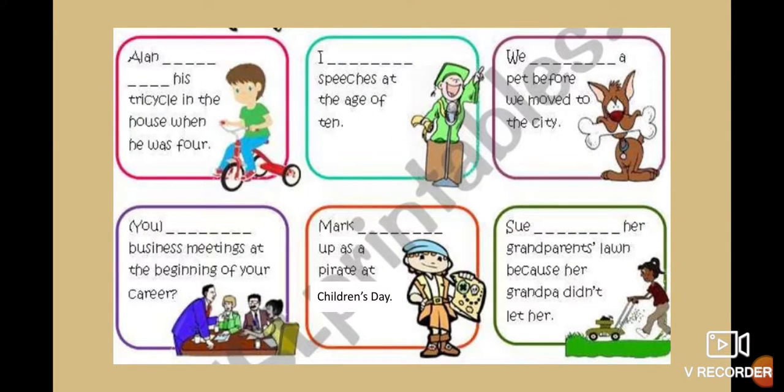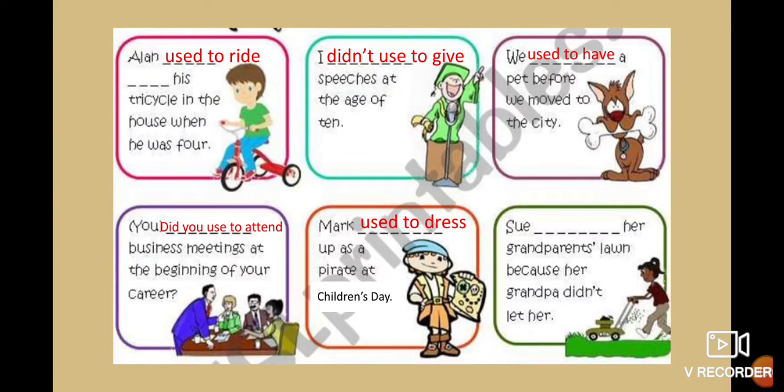Next example, Alan used to ride his tricycle in the house when he was 4. Next example, I didn't used to give speeches at the age of 10. Next one, we used to have a pet before we moved to the city. In this case, we have a question. Did you used to attend business meetings at the beginning of your career?